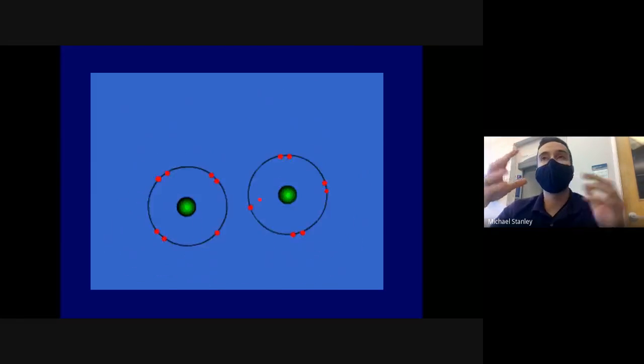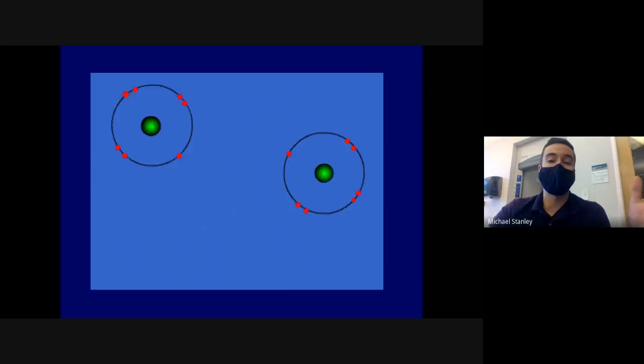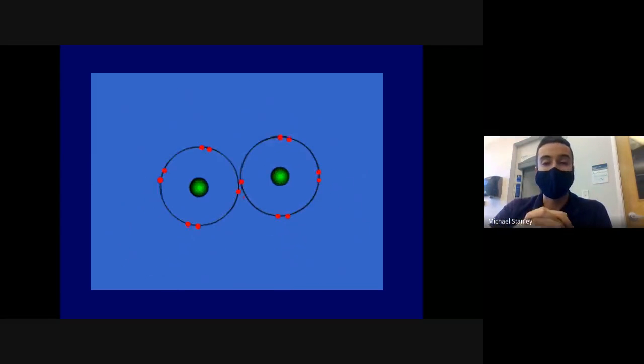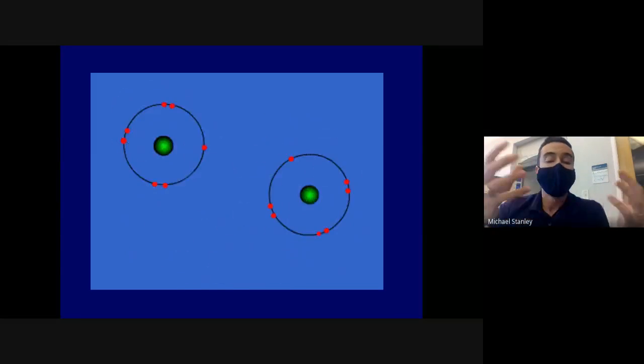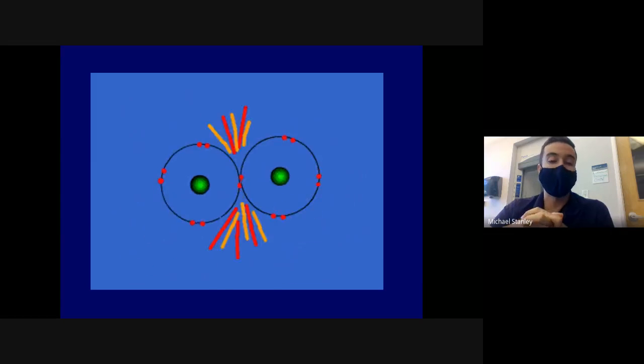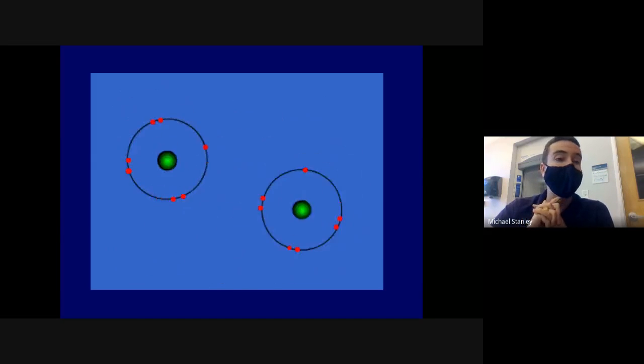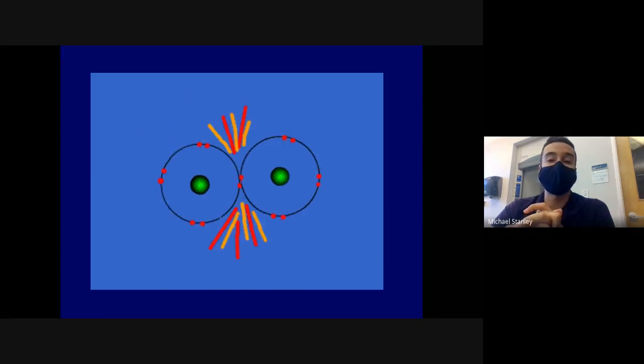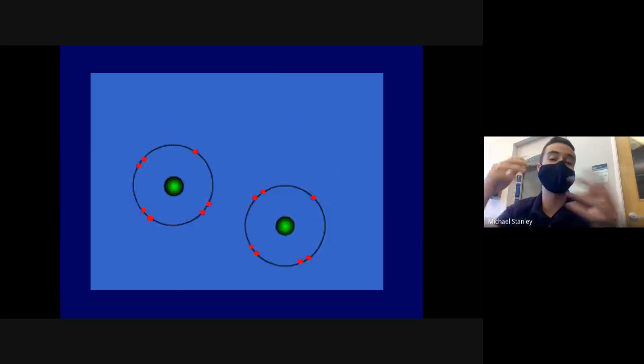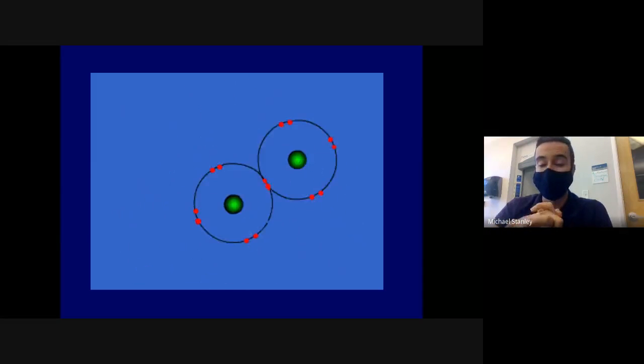So they're not bonded together because there's a plus and a minus that are attracted, like in ionic bonds. They're bonded together because they're sharing the same set of electrons. So they have to stay next to those electrons, so they're going to stay bonded and stuck together.